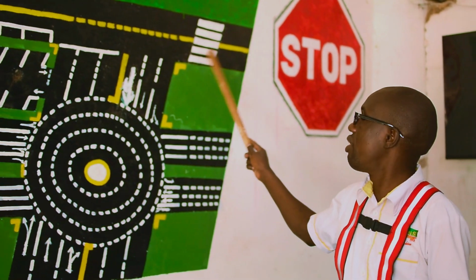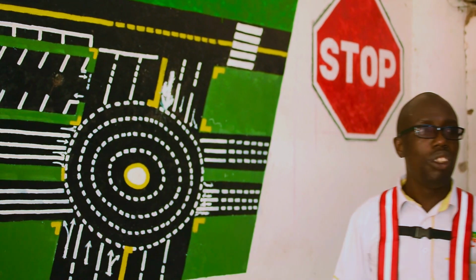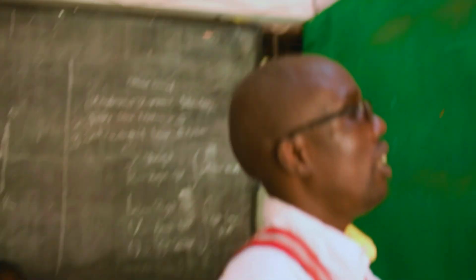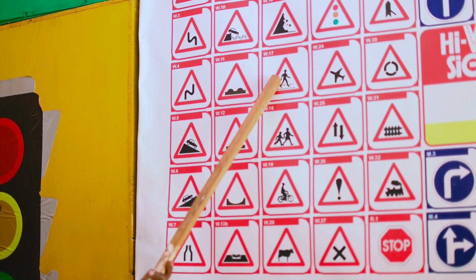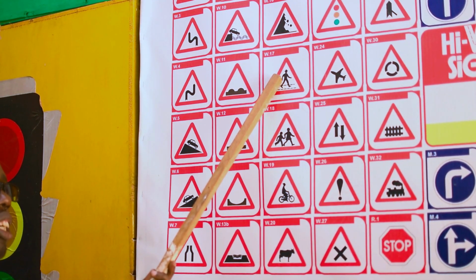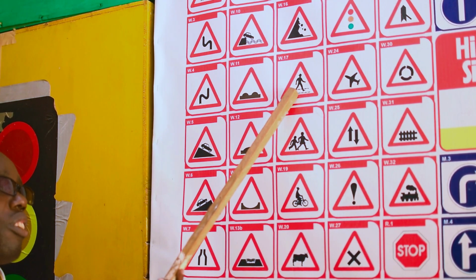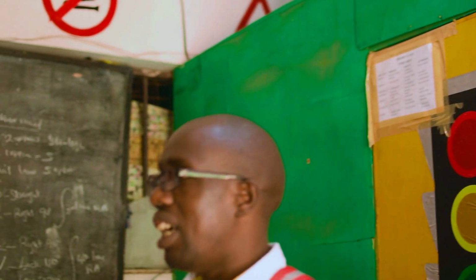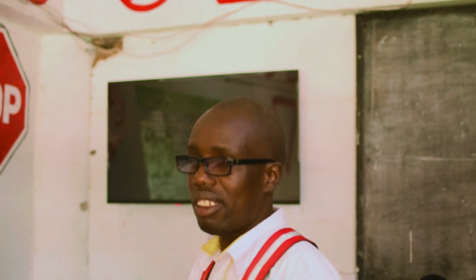Whenever you are approaching a pedestrian crossing, you might meet this road sign, which says that there's a pedestrian crossing ahead. Once you see this road sign, you are supposed to begin to slow down, because the crossing is 50 meters ahead.